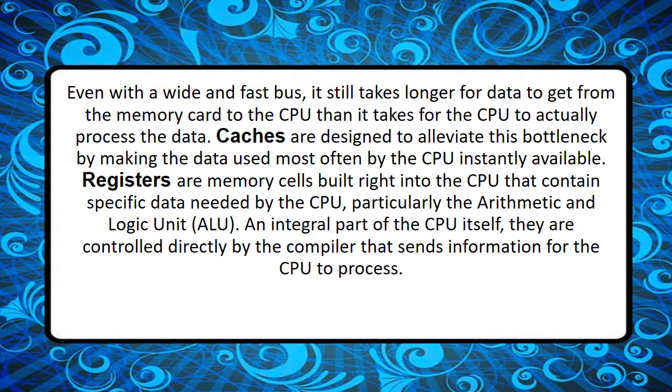And registers are memory cells built right into the CPU that contain specific data needed by the CPU, particularly the arithmetic and logical unit or ALU, an integral part of the CPU itself. They are controlled directly by the compiler that sends information for the CPU to process.